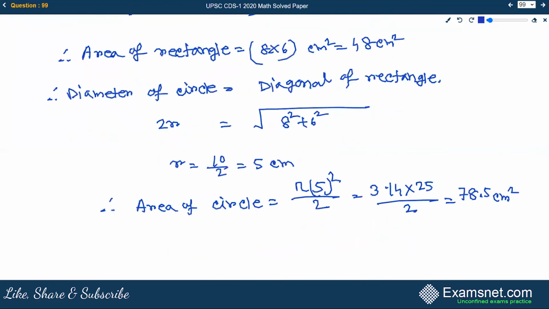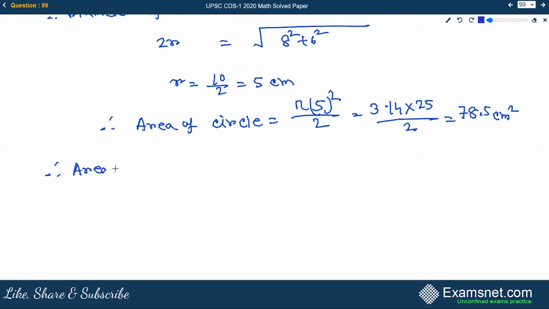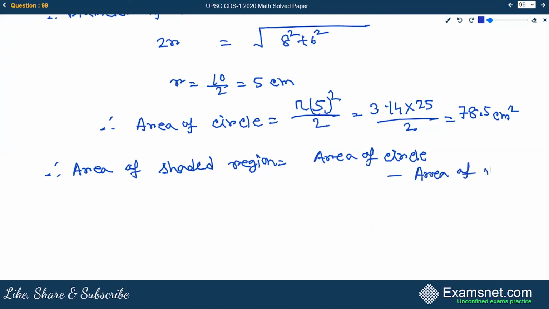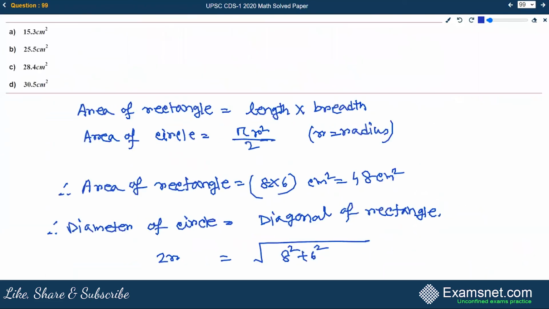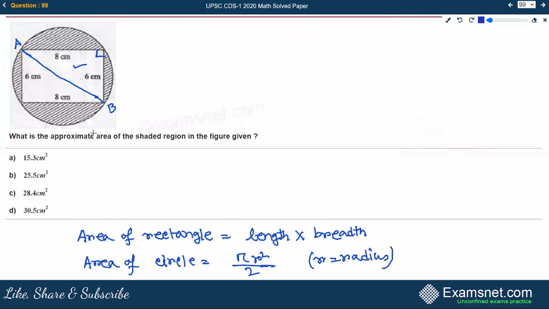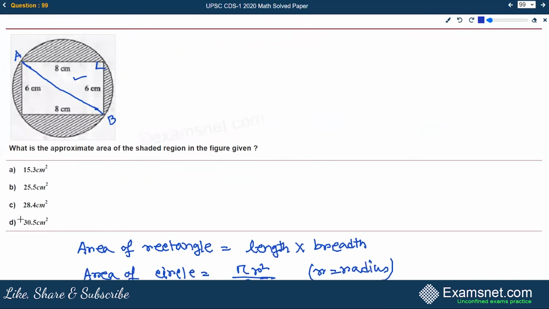So the area of the shaded region is the area of the circle minus the area of the rectangle. Here the area of the circle is 78.5 minus 48. That results in 30.5 centimeter square. So the correct option is option D, 30.5 centimeter square.